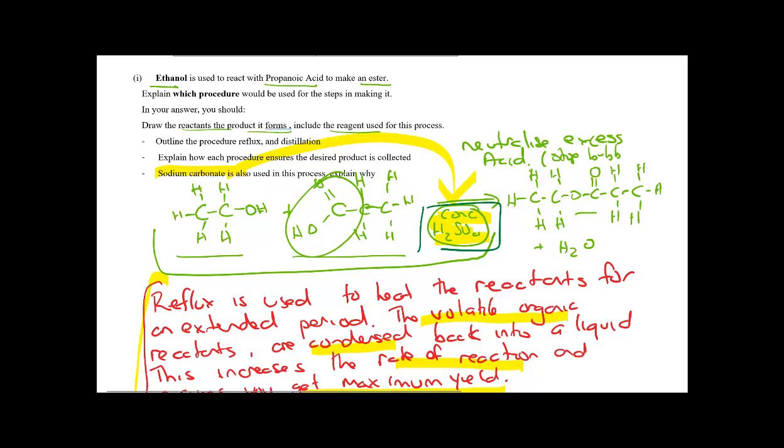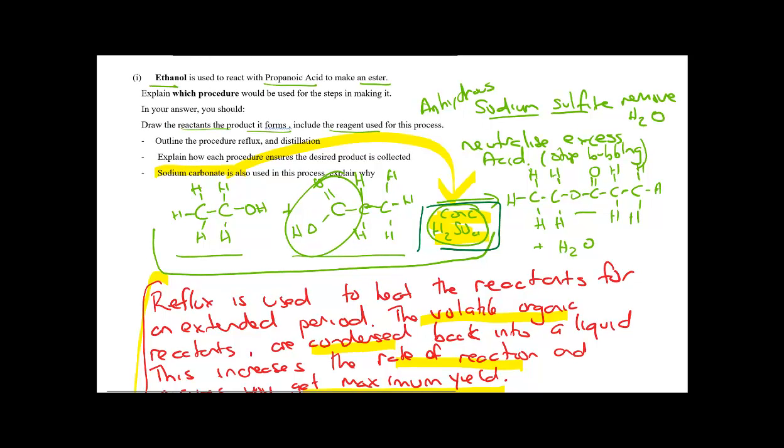Now, one other thing that is often done before you go through distillation is you may add something like sodium sulfate or a sulfate of any kind, and that's basically the anhydrous. And if you see that, it's really just to remove water. Now this question didn't ask about it, but it's a common chemical that's used in this process because you just want the organic compound.